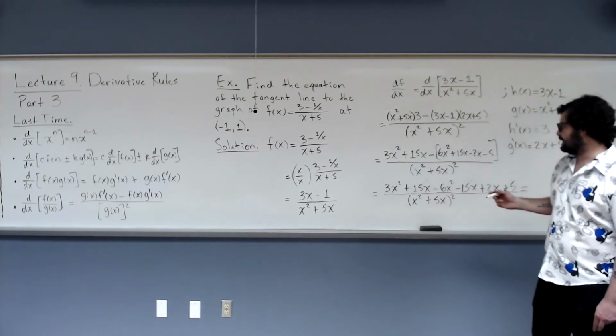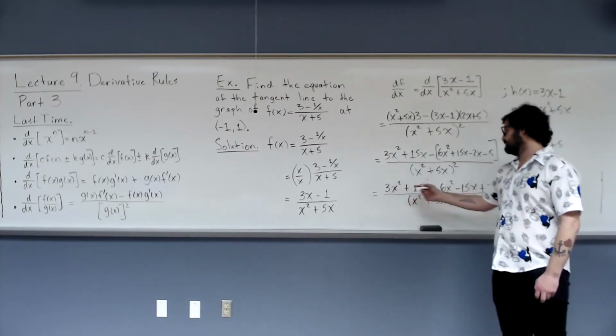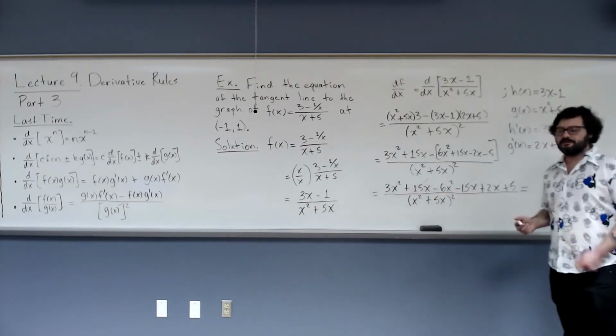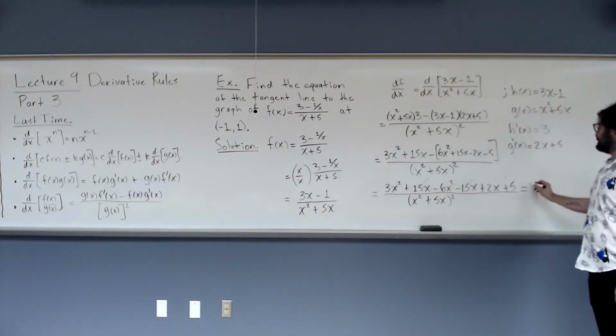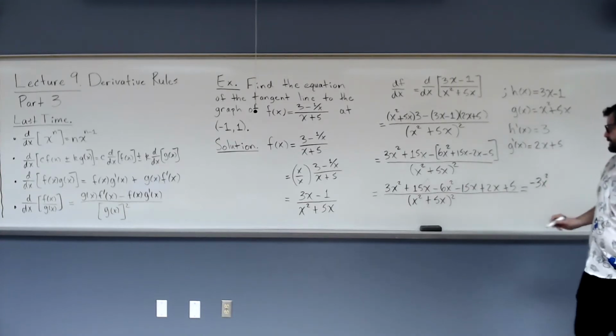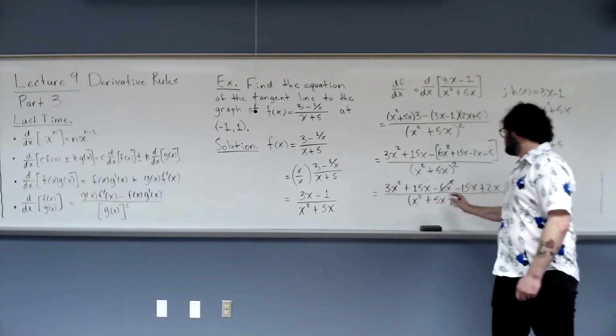And then I have 3x squared minus 6x squared. I can combine those, right? And it becomes negative 3x squared. So now I've taken care of these guys.